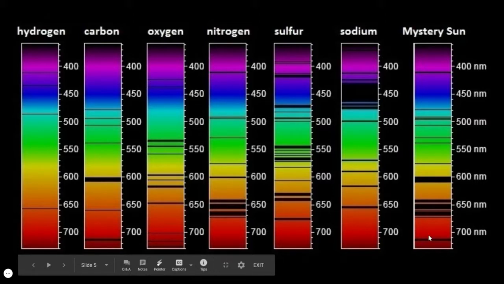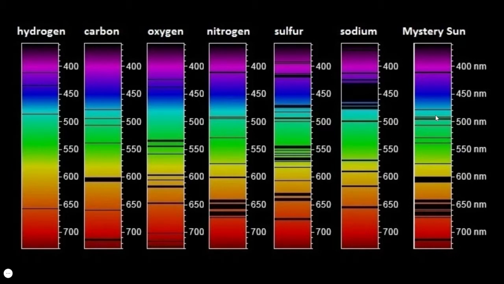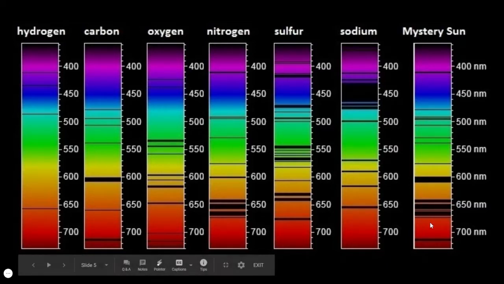The only element that has that band near the 700 nanometer mark is carbon. And again, if I were to look at each band on carbon, those would be represented in my mystery sun. So based on what I'm seeing, carbon and nitrogen are the 2 elements in this mystery sun's atmosphere.